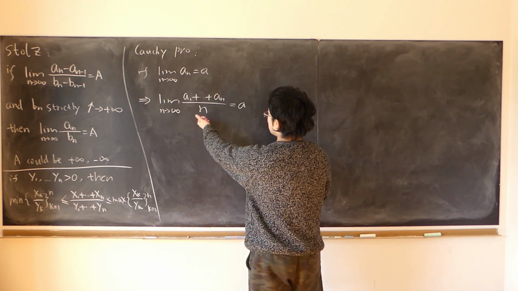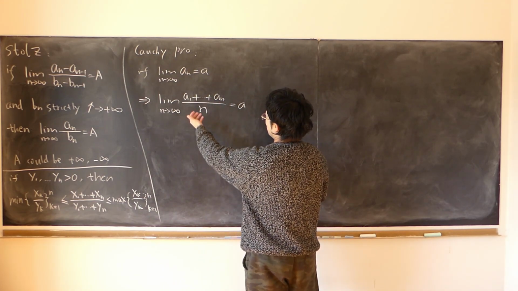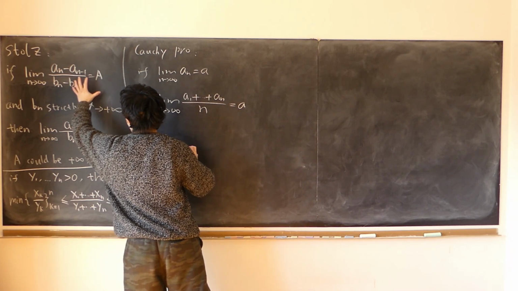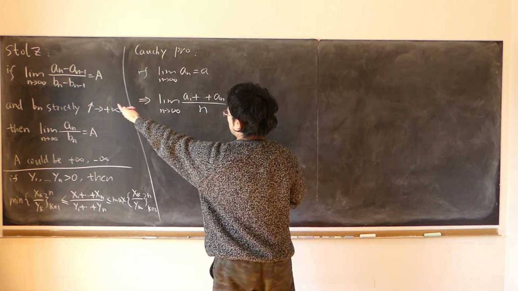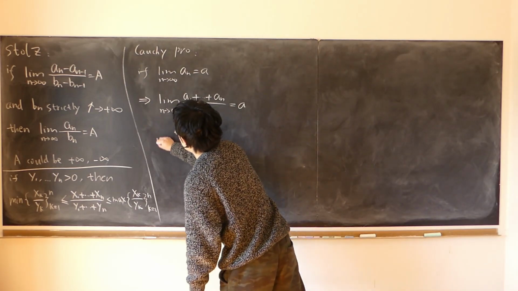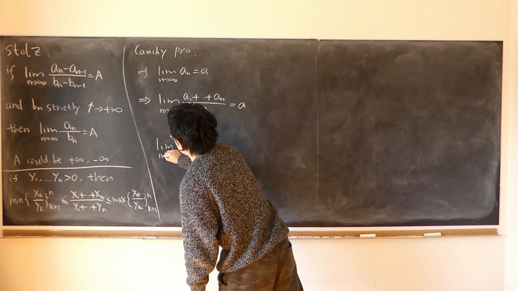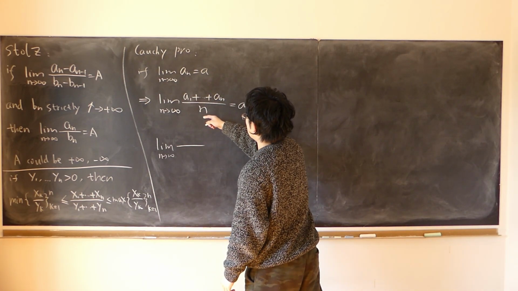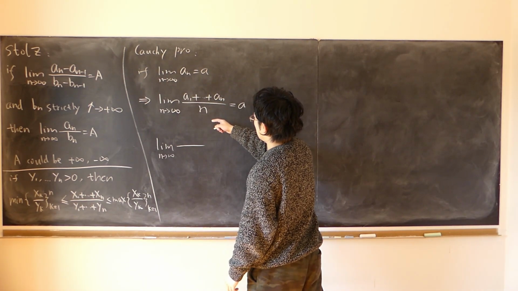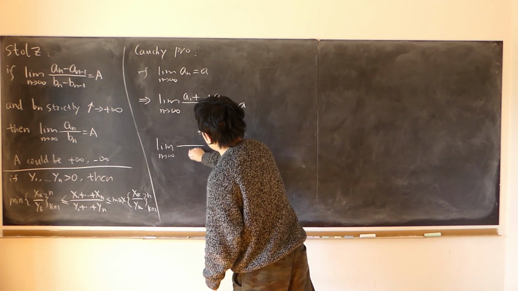So all we have to show is that this limit exists, right? Does this limit exist? So what's bn minus bn minus 1? Bn is n, bn minus 1 is n minus 1, right? Their difference is just 1.